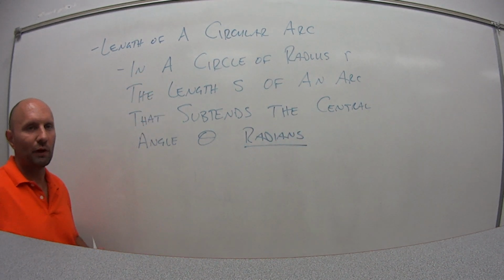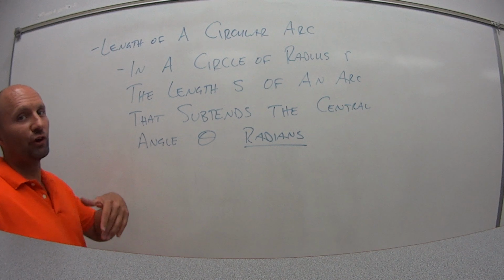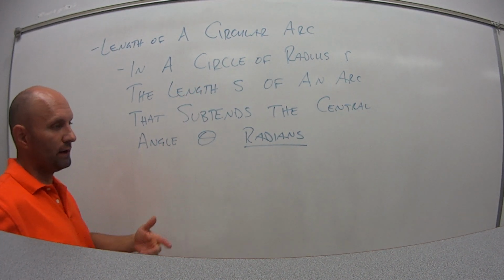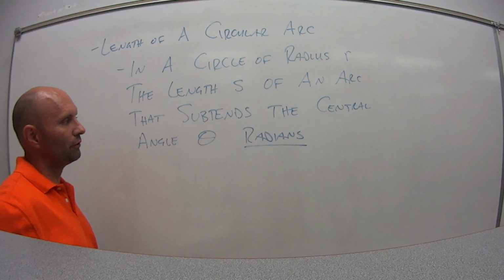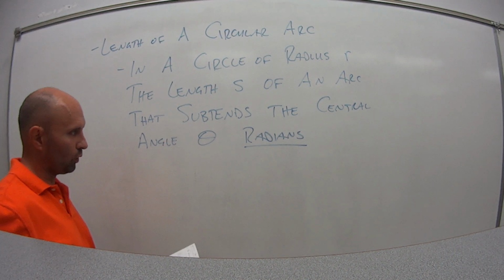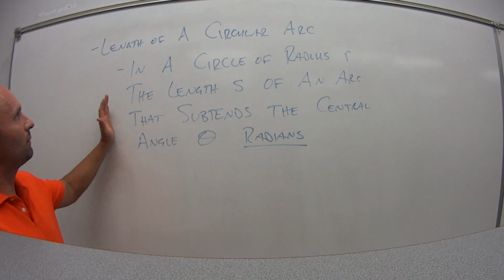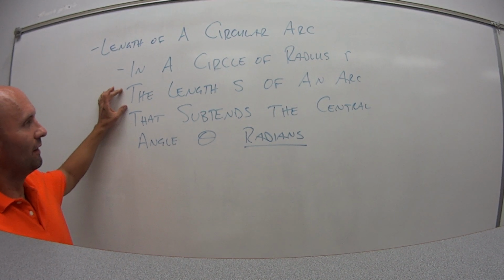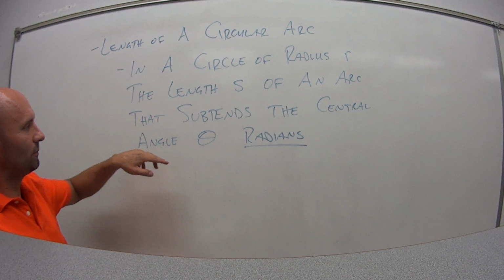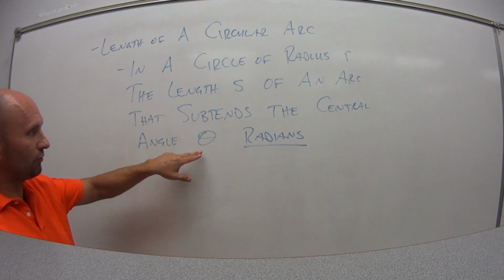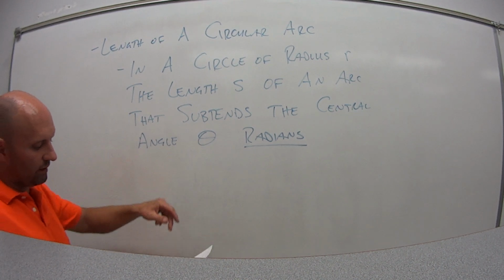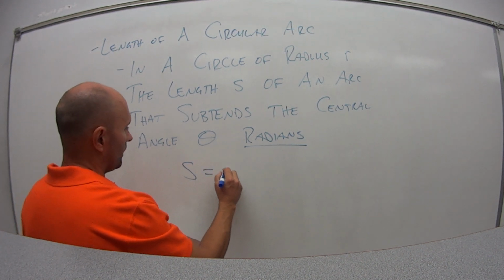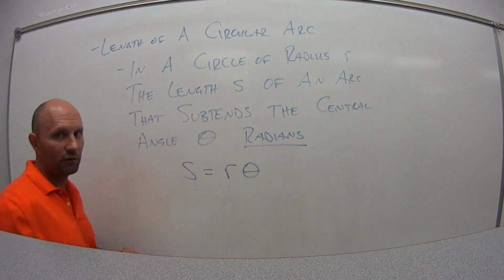So the answer we're going to have is in radians. If you're given this length and you need to convert it to degrees or something, we need to use that little trick we learned in the first part of the videos for 6.1. But if the circle has radius r, then the length s of the arc that subtends the central angle of theta is given by s equals r times theta.